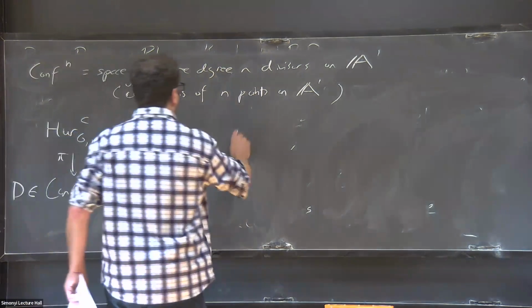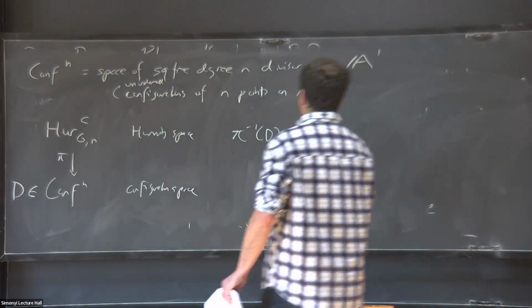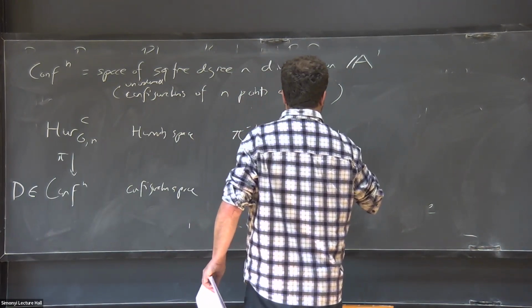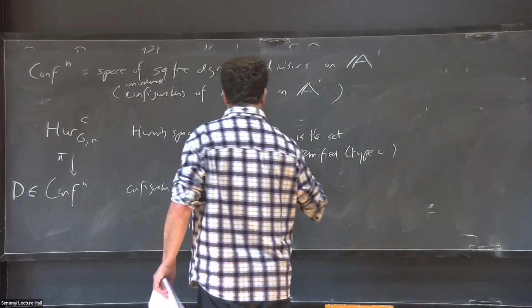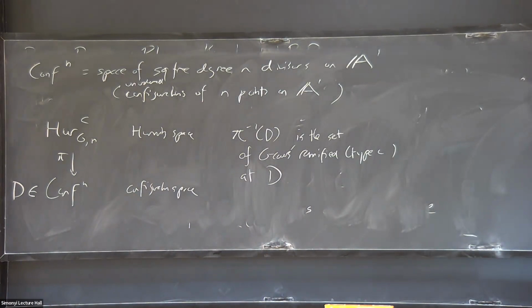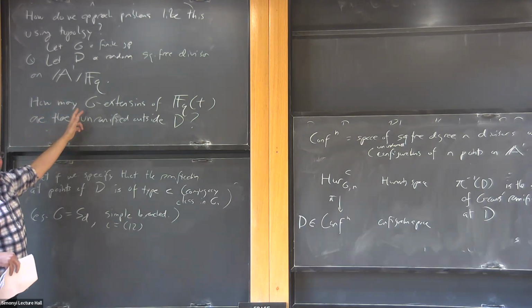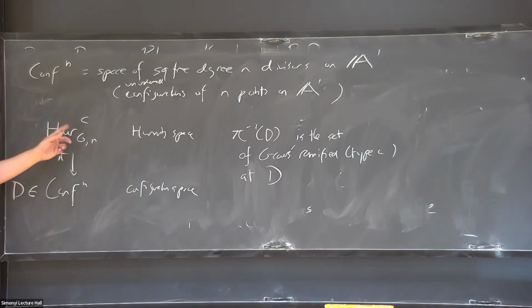And then pi inverse of D is the set of G covers ramified with the ramification of type C at D. So for any question of this kind, I said how many, but maybe if I choose D at random, how many are there of these on average? That comes down to saying how many rational points are there in an average fiber, in a randomly chosen fiber of this map.